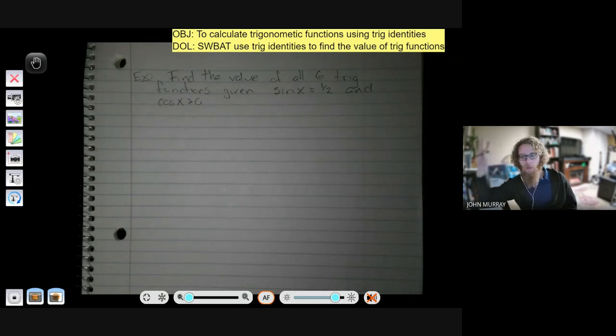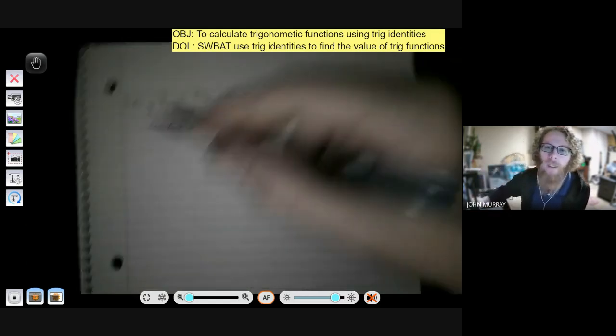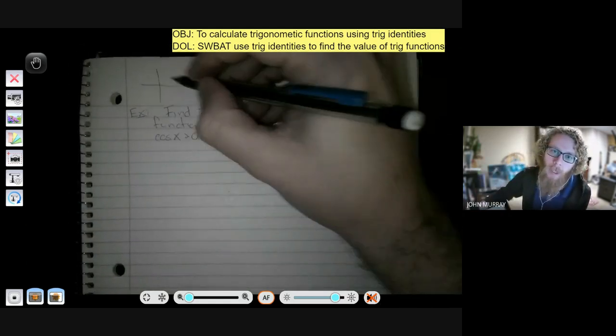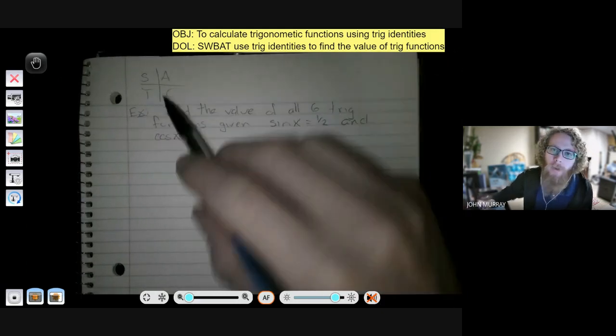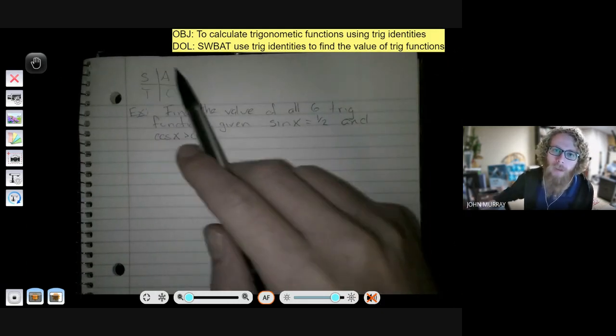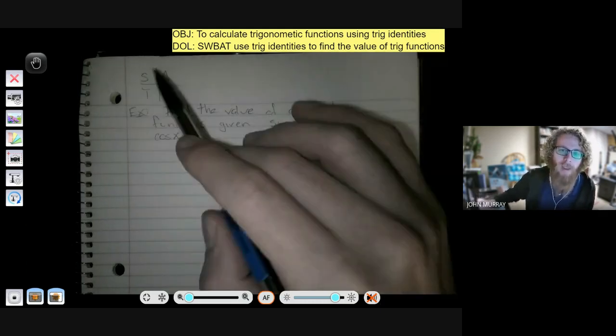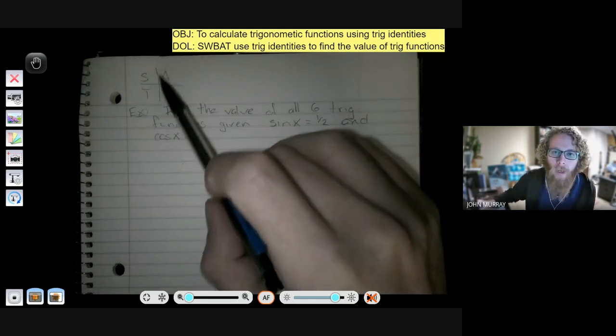All right, so one thing we can do first that we didn't do first last time is determine which quadrant we're in just with the given information, just to make things a little easier for us down the line. I'm going to put this up here again. I've said it in the past, but I didn't say it just before.